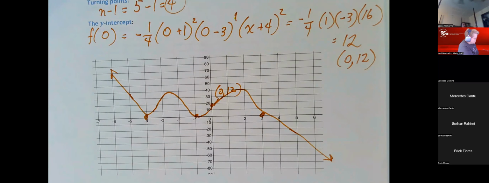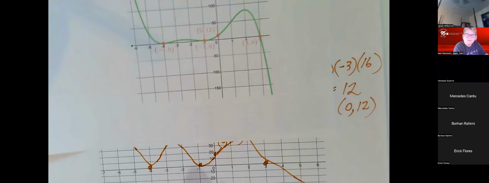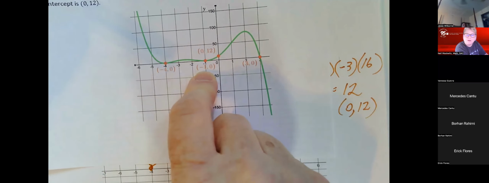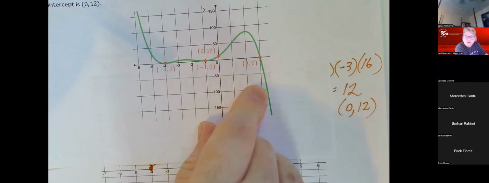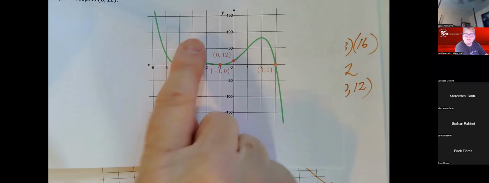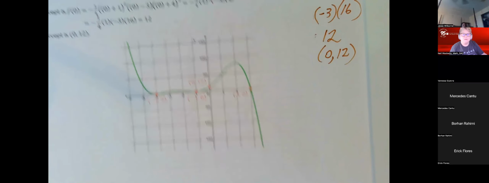Let's see what it actually looks like if we use a graphing program. So touches at -4, touches at -1, crosses the y-axis at 0, 12, crosses the x-axis at 3, 0. But in order to see how these things behave, it takes calculus. So this is good enough for our class.